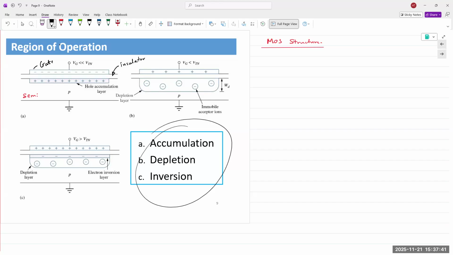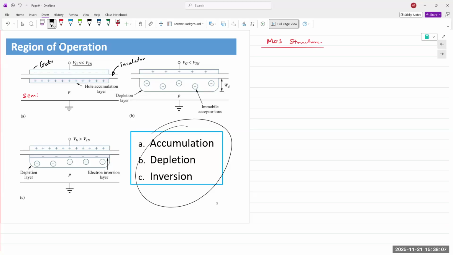There is a certain threshold voltage that is based on the fabrication of the device. If there is an applied gate voltage that is far less than the designed threshold voltage, so far less than VTN, meaning it is negative.